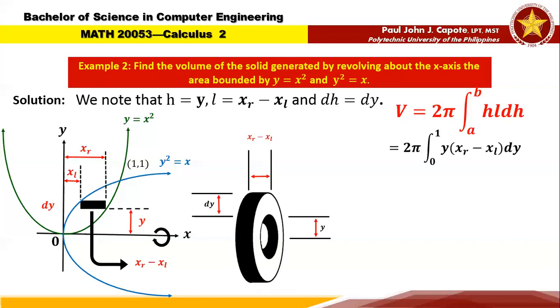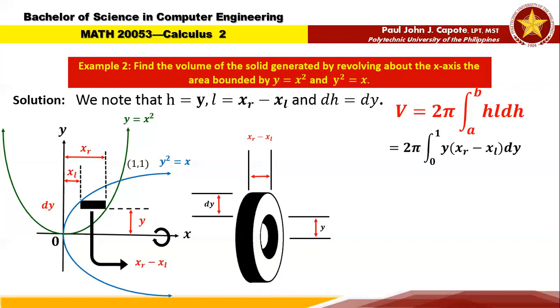Y equals x squared is the right curve. So expressing x in terms of y, we get x equals the square root of y. We substitute this square root of y for x sub r.